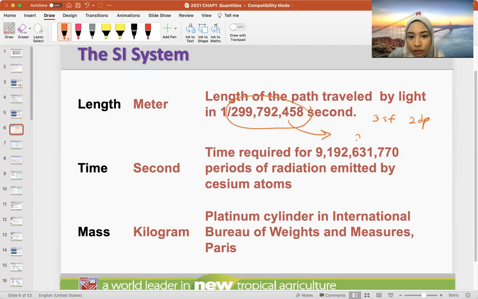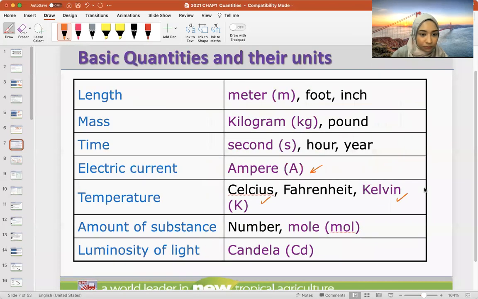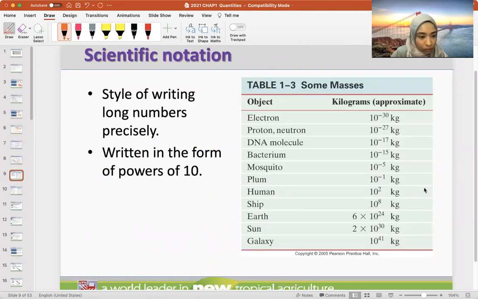And this would be 2.99, sorry, it would be 3 actually. This would be 3 times 10 to the 1, 2, 3, 4, 5, 6, 7, 8, times 10 to the 8. So this is how scientific notation is useful to give you numbers that are easily said and easily remembered. So scientific notation is cool in the sense that you don't have to memorize 10 numbers, but only 3 significant figures.